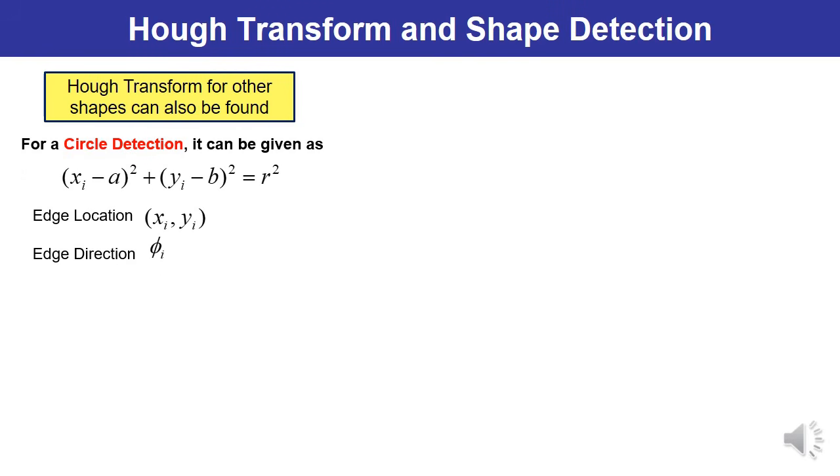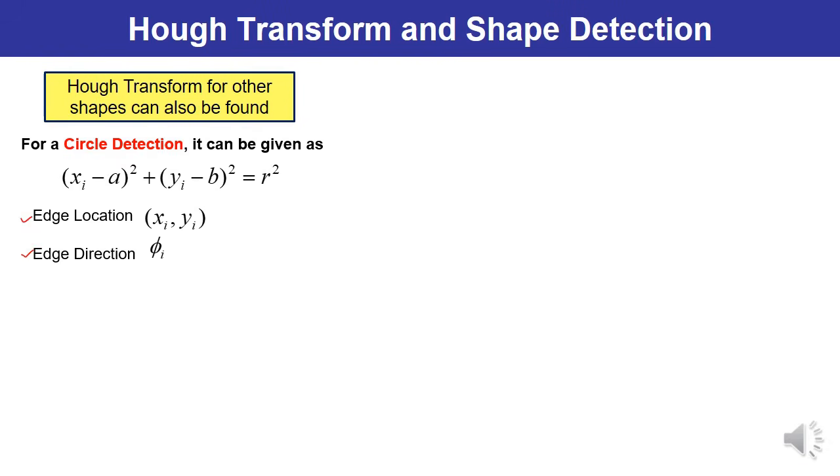For circle detection, you can write down the equation of the circle. The equation of a circle can be written as: (x minus a) squared plus (y minus b) squared is equal to r squared. If you are talking about the edge location, it is given at x, y. If you are varying different parameters, xi, yi, and the edge detection direction can be written as phi i corresponding to that particular parameter.